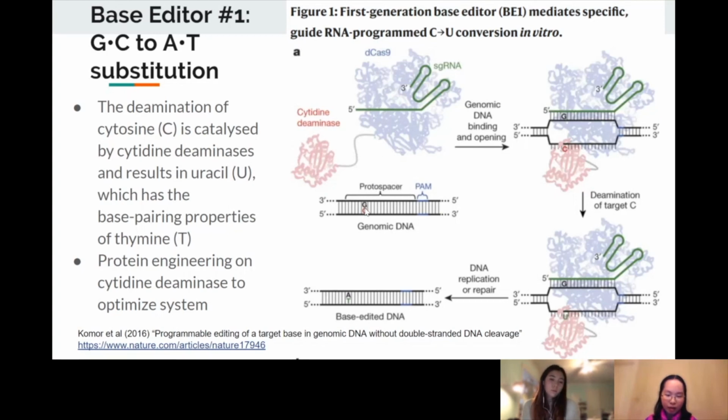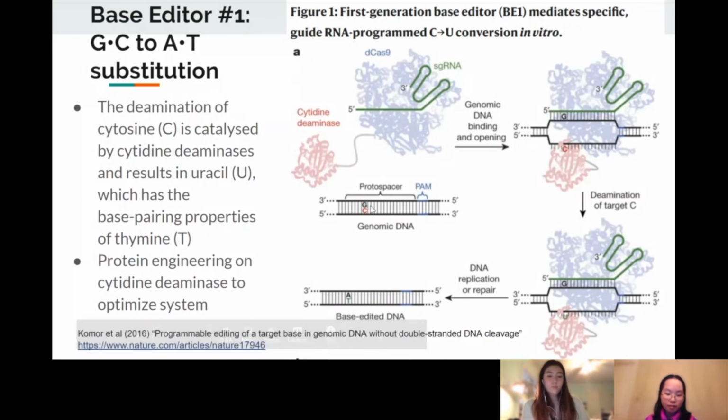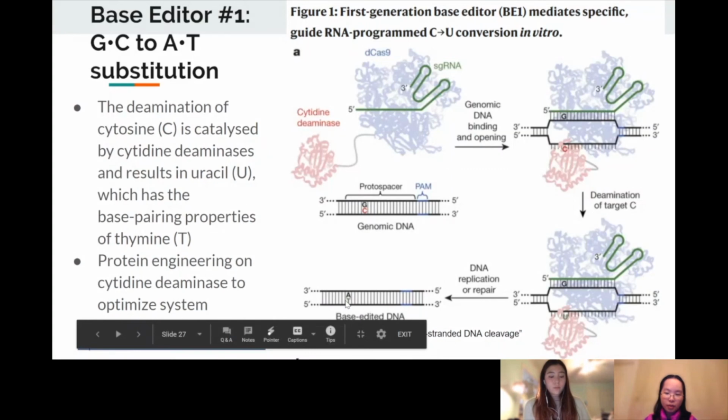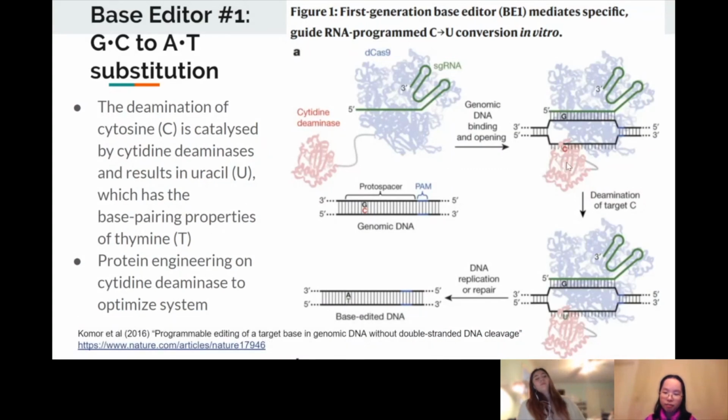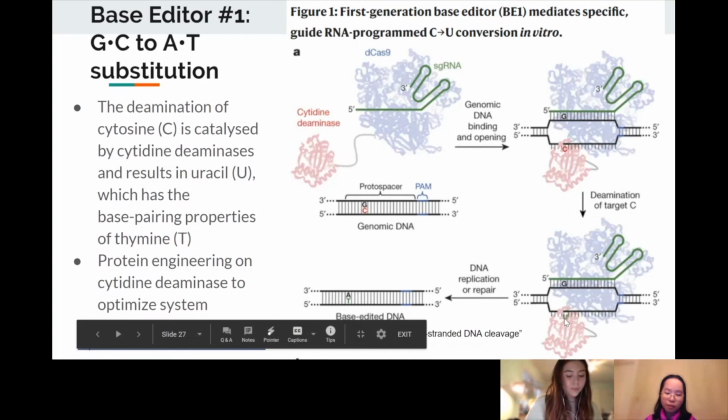This is the GC pair that you want to edit. It opens the strand here and deaminates the target C, turning it into a U. Then when you get DNA replication or repair, it gets repaired as a T paired with an A. So then you get a GC paired with an AT.